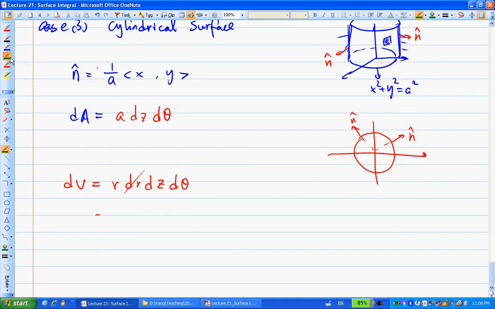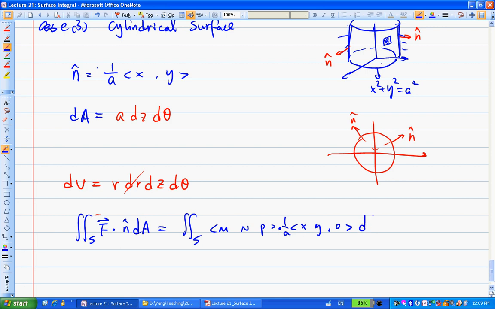Okay. So once we figure this out, then the surface integral is going to be m n p dot 1 over a x y 0 dz, which is a dz d theta.